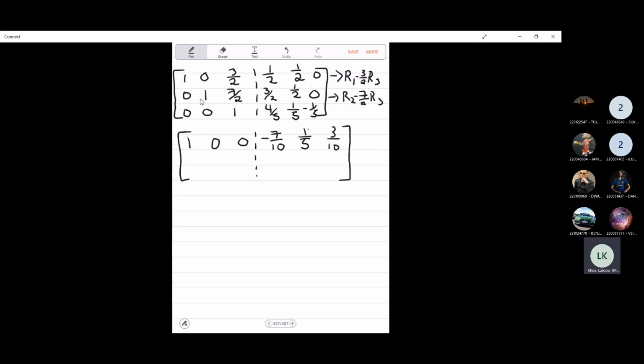Okay, then same thing with the second row. 0 minus 0 is 0. Then 1 minus 0 is 1. Then 7/2 minus 7/2, which is 0. Then 3/2 minus 7/2 times 4/5. That gives us minus 13/10.